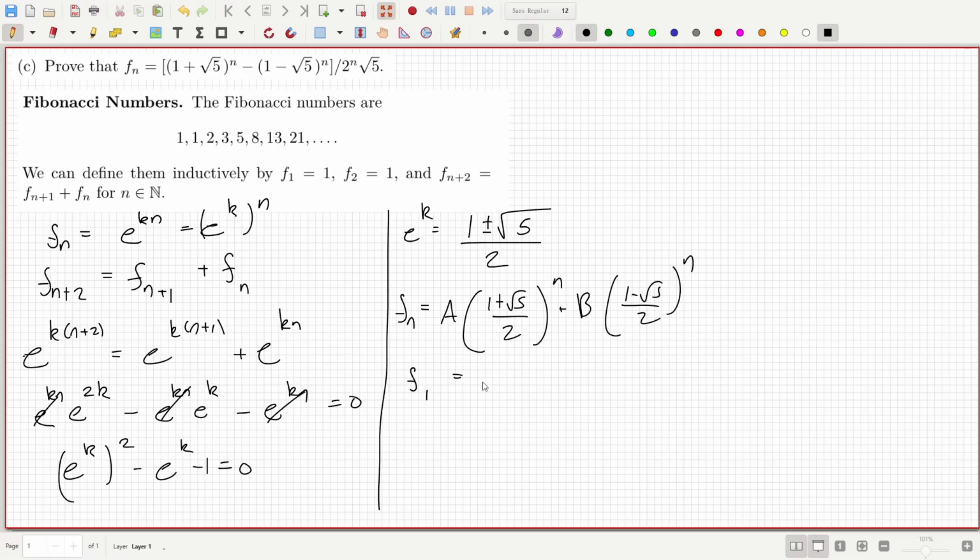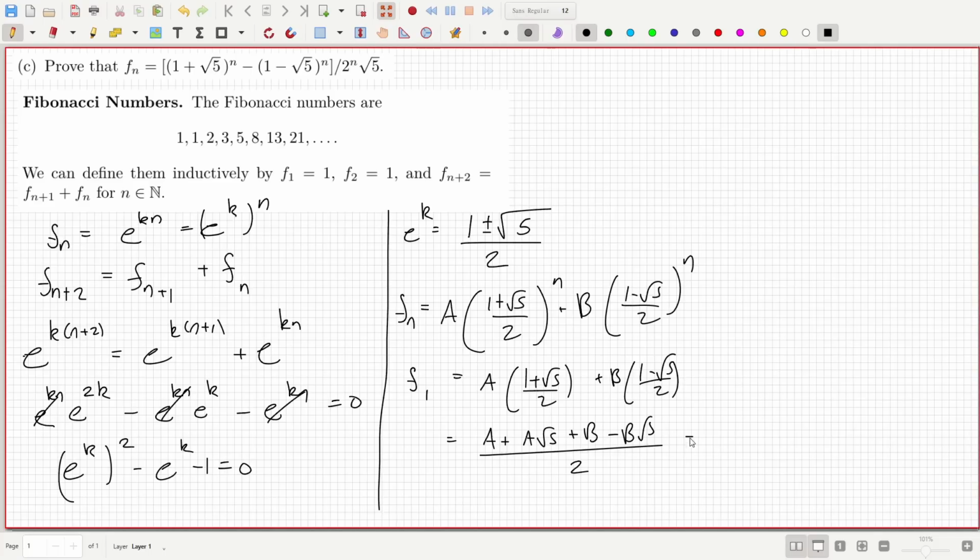F1 is A times 1 plus root 5 over 2 plus B times 1 minus root 5 over 2. So that would be A plus A root 5 plus B minus B root 5, all over 2. That's supposed to equal 1.